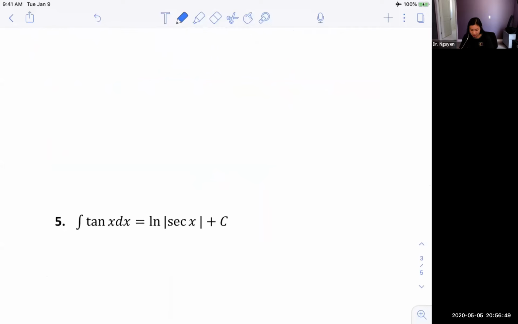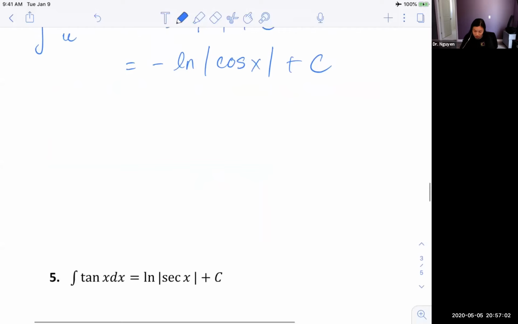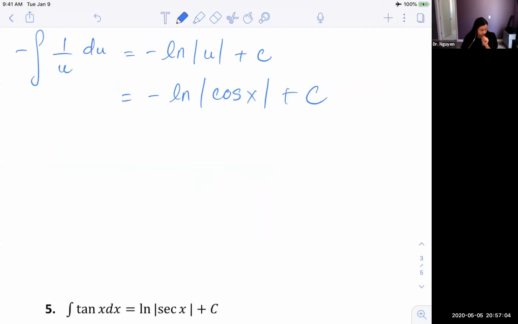And then if you want to rewrite and get rid of that negative, hopefully you still remember. Here, I can go ahead and get rid of the negative. So think of this as negative 1 ln of cosine of x plus c.